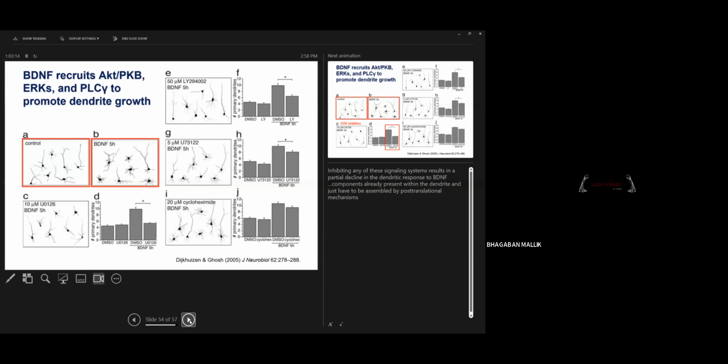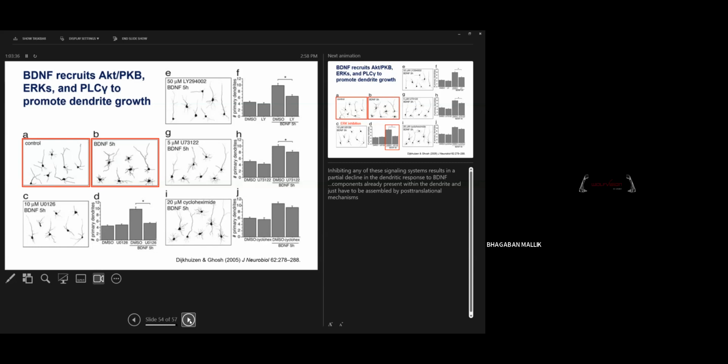These are showing that in the control you have BDNF with DMSO, you have more neurites growth. And when they added the inhibitors for this BDNF pathway, either for AKT or PKB or ERK or PLC gamma, you see reduction of the neuronal growth in all these situations, except cycloheximide.